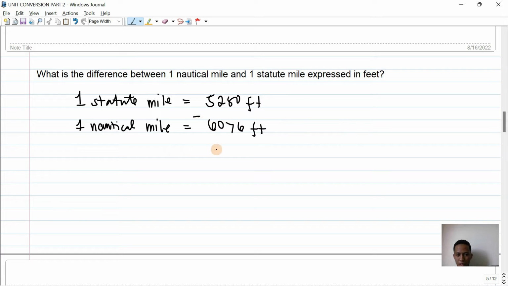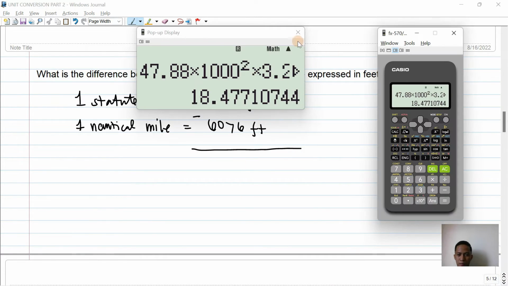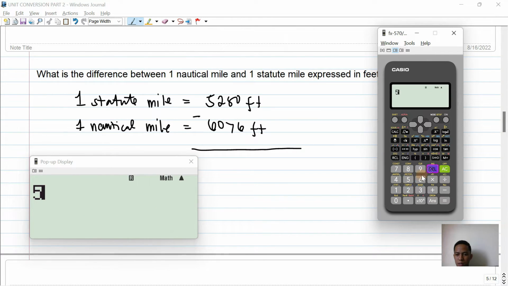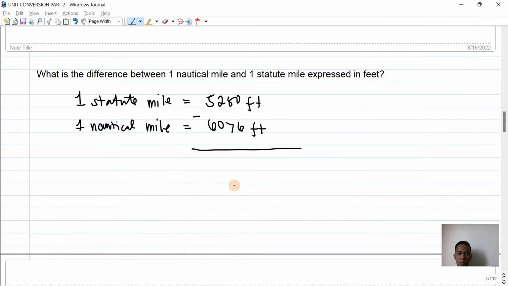So subtract lang natin. So the difference is, so that is 5,280 feet minus, we have here 6,076. So that is 796 feet. Okay, pagbalik na lang natin so that we can get the absolute value.